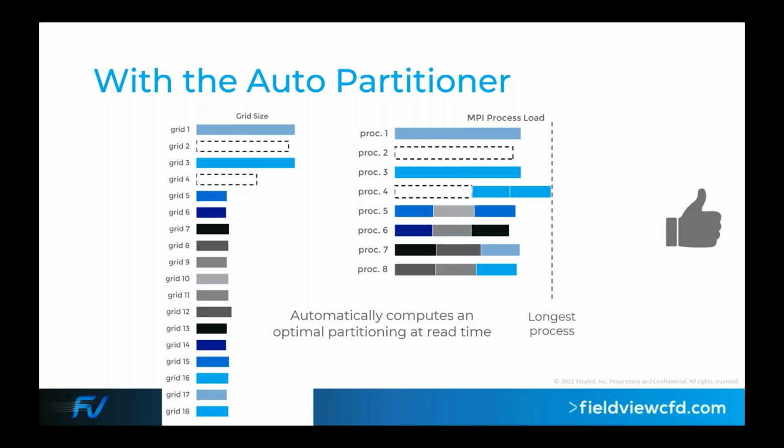And so, thanks to the Auto Partitioner, we again get good load balancing and good parallel performance for a case that is not ideal. So all these examples we were looking at were parallel 8. But one of the benefits of the Auto Partitioner is also the ability to go up to higher core counts.